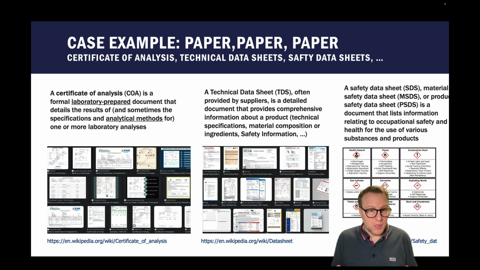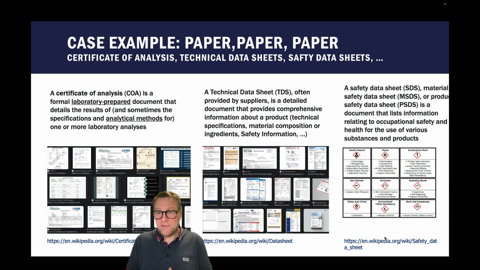For example, for a process industry, it can be a certificate of analysis, the documents you really need for your laboratory analysis of your raw ingredients. It can be, for discrete manufacturing, a technical data sheet. That means the supplier has to provide comprehensive documentation of their product. It could also be a safety data sheet, which we need for our transport mode, for our transports.